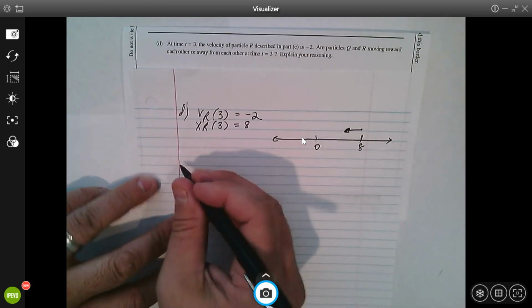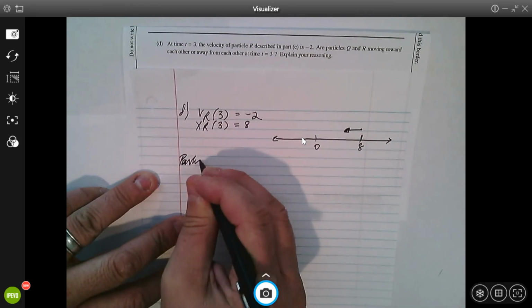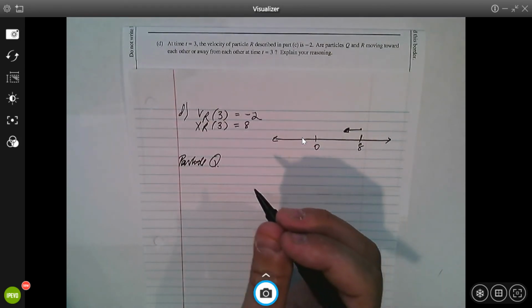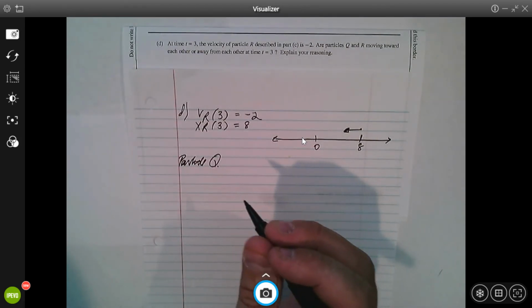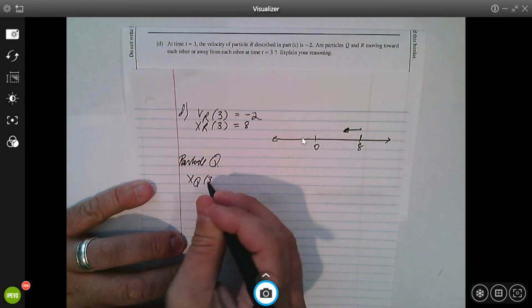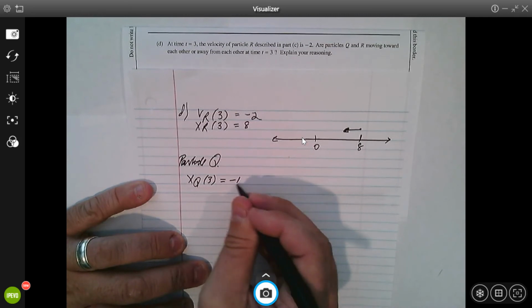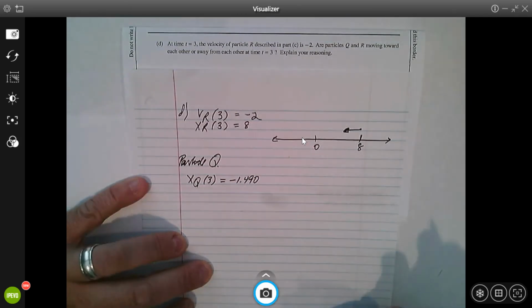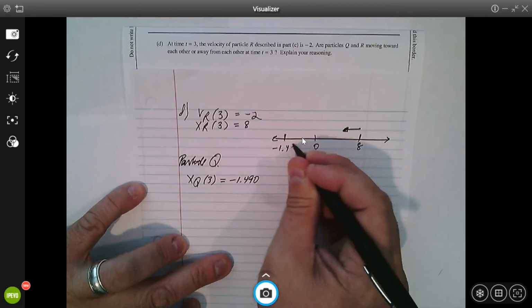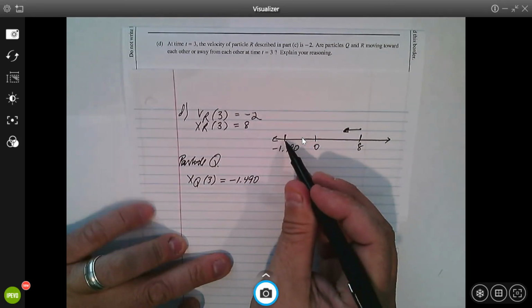What do we know about particle q? We haven't looked at particle q in a while. We figured out earlier that at time 3, particle q is located at -1.490. So that's over here, -1.490.